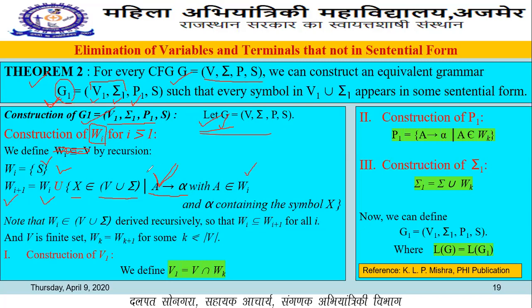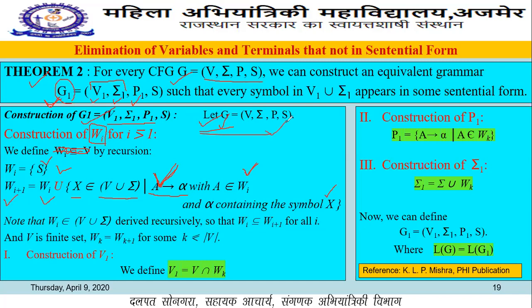So this variable should belong to the previously created set Wi, and this alpha means the right-hand side of the production in grammar G, containing the symbol X, which could be anything from the set of variables or terminals in the given grammar G.